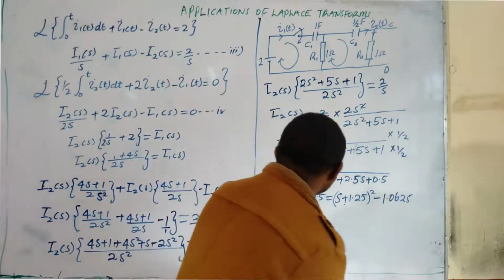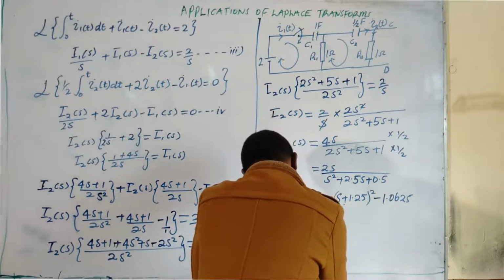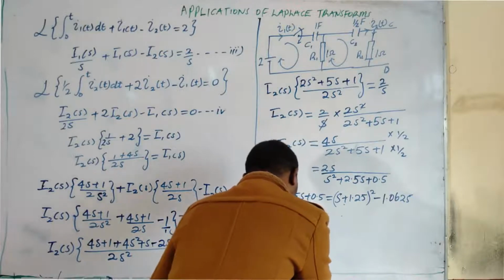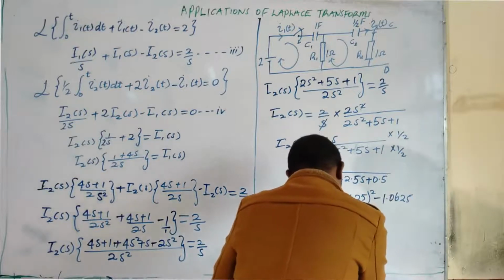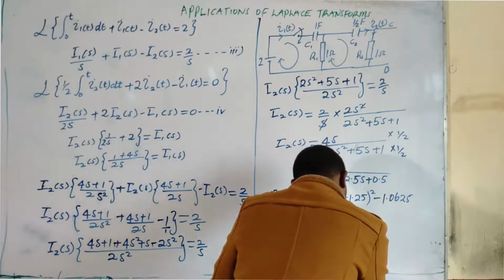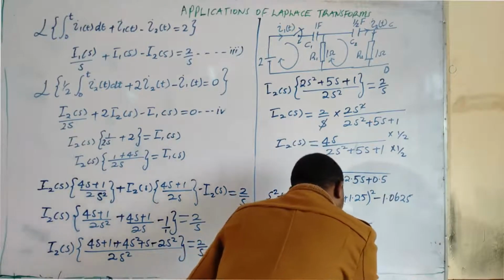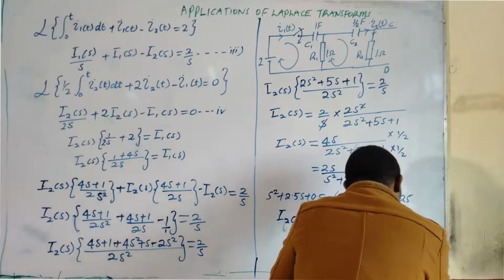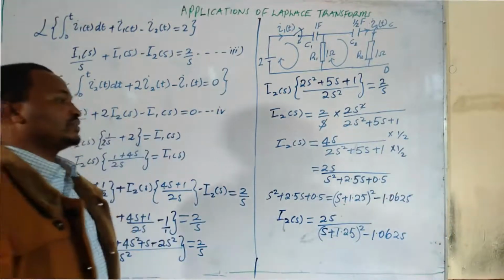This is now the same as saying I2 of s will now be equal to 2s over (s plus 1.25) squared minus 1.0625.